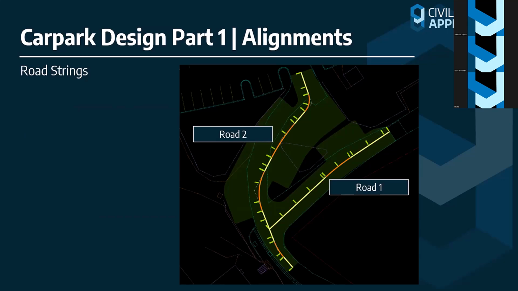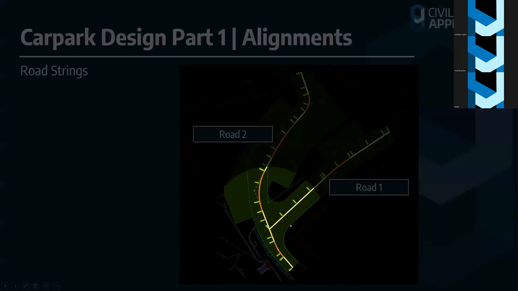Now, that layout that I showed you, the green hatchy outline, you could probably approach it in two ways. One would be to design the outer strings and join it all together with Model Builder, which is perfectly valid. But I'm choosing in this exercise to model it as a couple of roads. The main reason is because of this intersection down here.